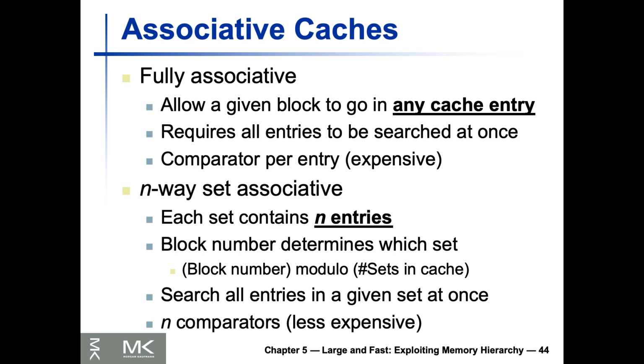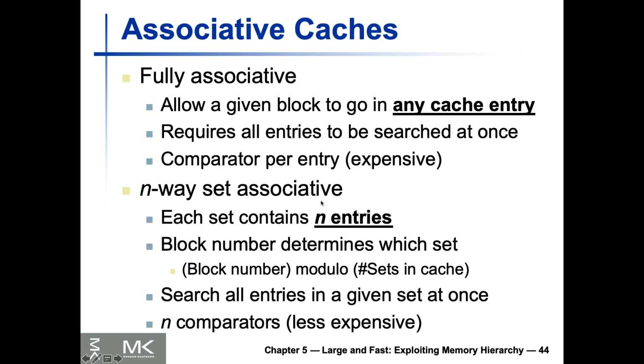Of course, it increases the hardware cost, making fully associative placement practical only for small caches, not for large cache sizes. So fully associative is just the extreme end of the spectrum opposite the direct mapped cache.